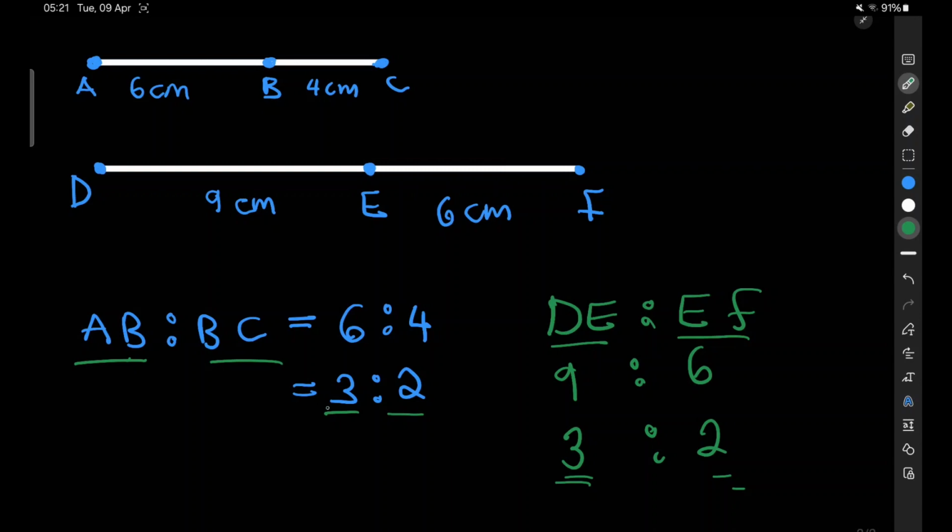In this case, AB to BC keeps the same ratio as DE to EF, although we know very well that AB is not equal to DE, nor is BC equal to EF. We know that's not the case, but the ratios are the same. That's the idea of proportionality.